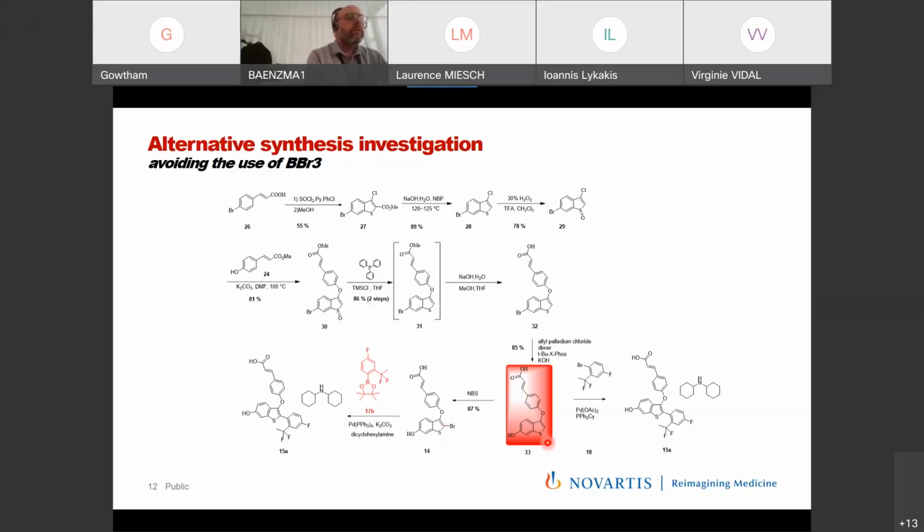Or we thought, why not go directly into a C-H activation with the precursor of 17B, so with this 18 under palladium catalysis, and then solve the issue of this boronate 17B with a low melting point and this thermal decomposition energy.